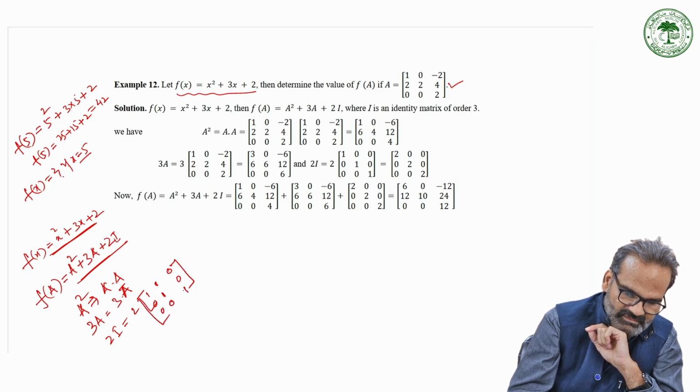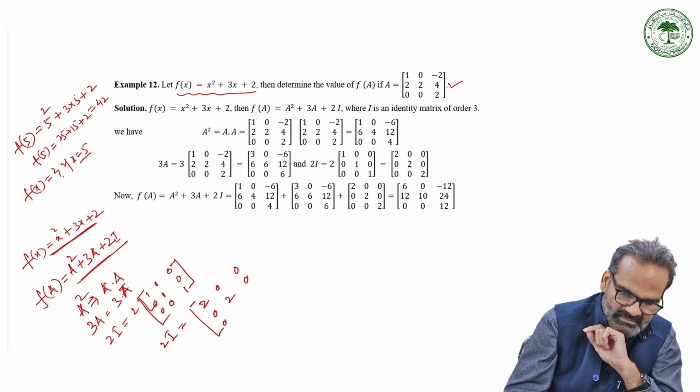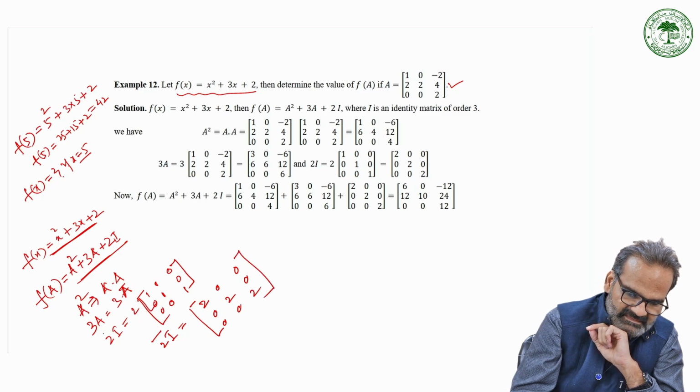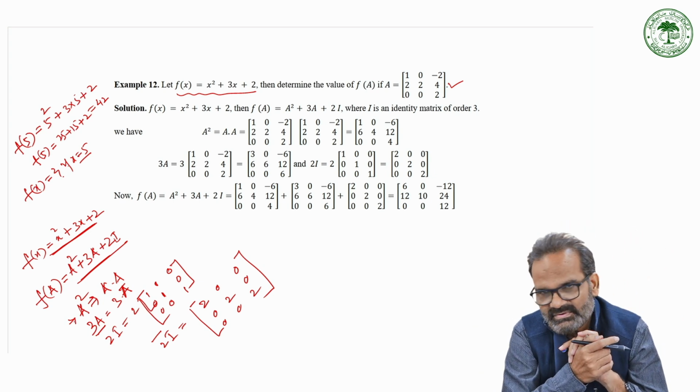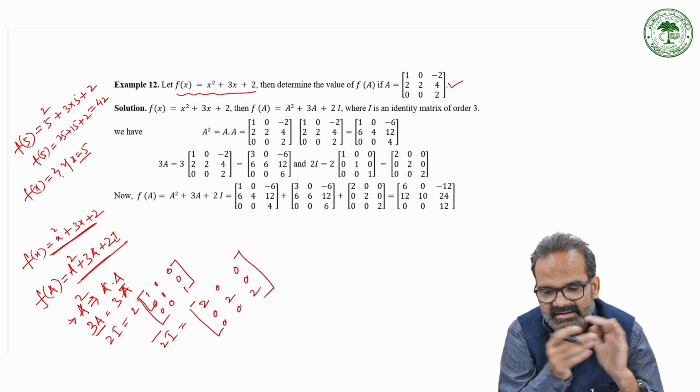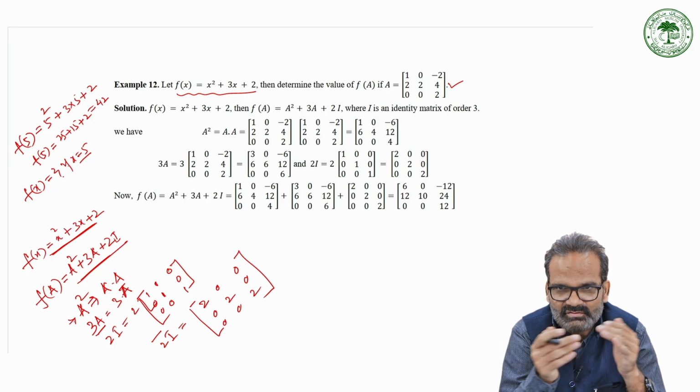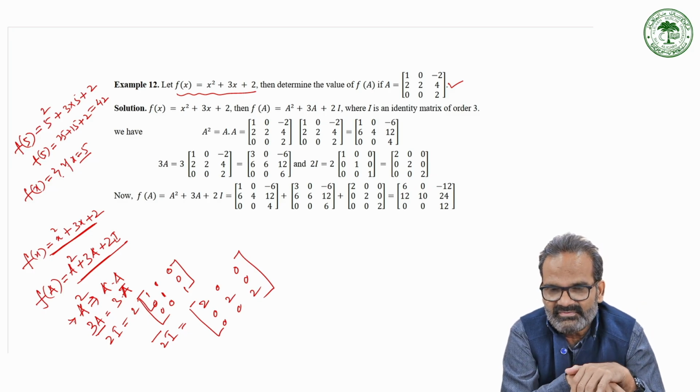So what you will get? Twice of I will be equal to 2, 0, 0, 0, 2, 0, 0, 0, 2. So this is 2I, this will be 3A, and this will be A square. Substitute all these values in A square plus 3A plus 2I and then simplify it. You will get the required value of f(A), right?